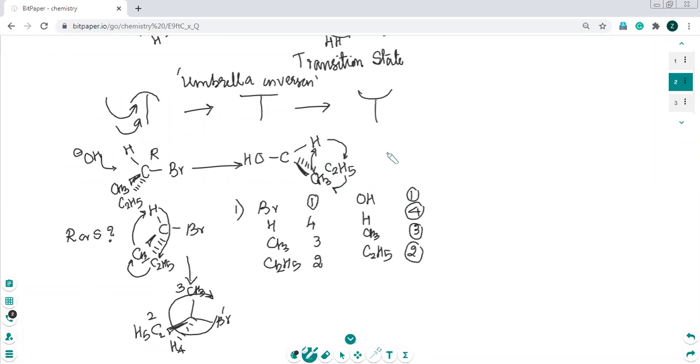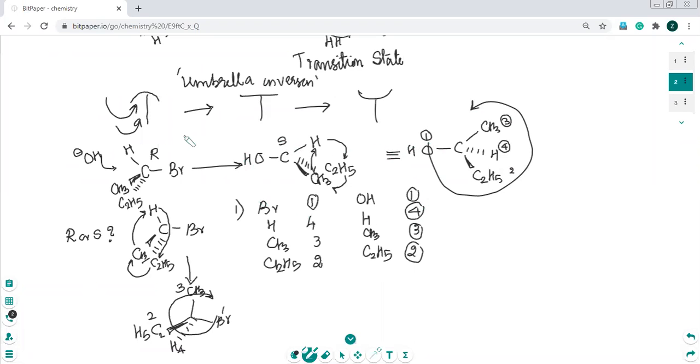So I will write this as OH, carbon, CH3 comes here, and H comes to the place of C2H5, and C2H5 comes here. Now priorities 1, 2, 3 and 4, with 4 on the backside. Moving from 1 to 2 to 3, it is S configuration. See that?